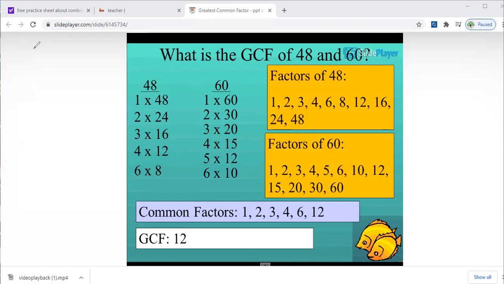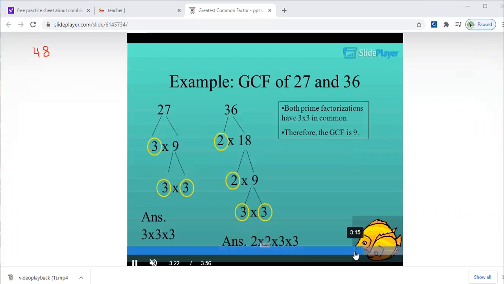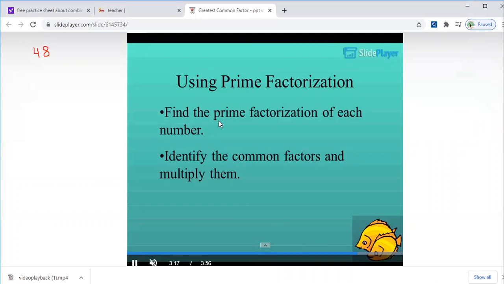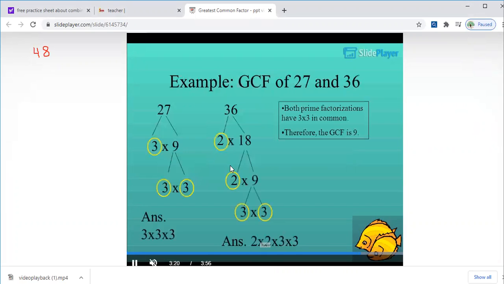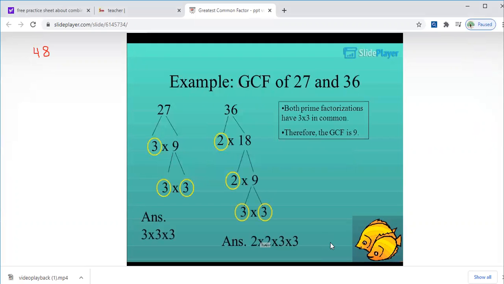To find the prime factorization of 48, for example, using the prime factorizations of each number, we identify the common factors between the two numbers. This is another way to find the GCF, the greatest common factor.